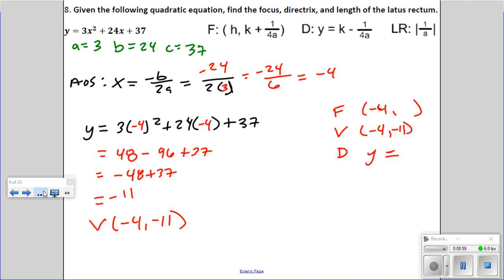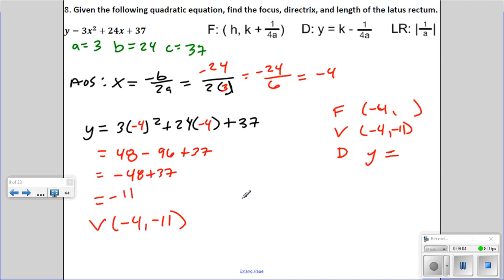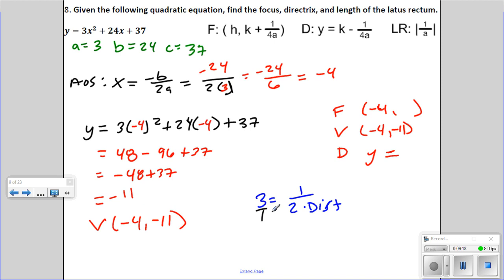So let's work backwards to figure out how A can help me find the distance. So A, again, is 3, and that's equal to 1 over 2 times the distance. So put 3 over 1. Cross multiply. 1 times 1 is 1. 3 times 2 is 6 times your distance.